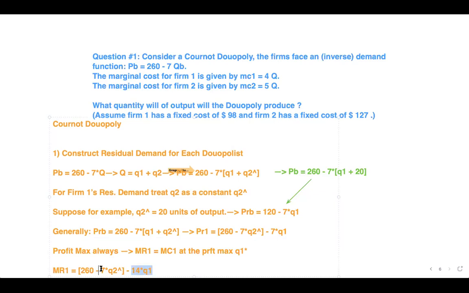Remember, this part is constant. So the part with Q2, because it's a constant, is treated like a constant when you take the derivative, and you end up with this as being your marginal revenue. Does that make sense, Joshua? Yeah, that makes sense.